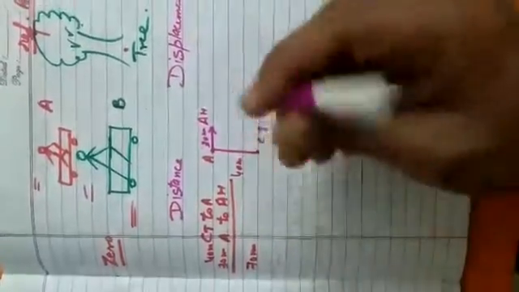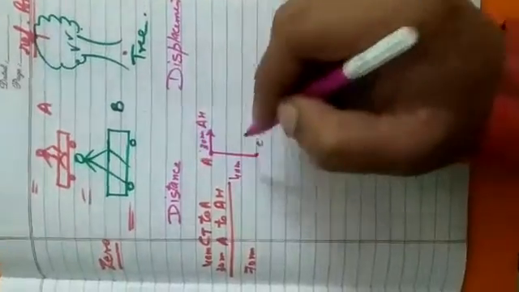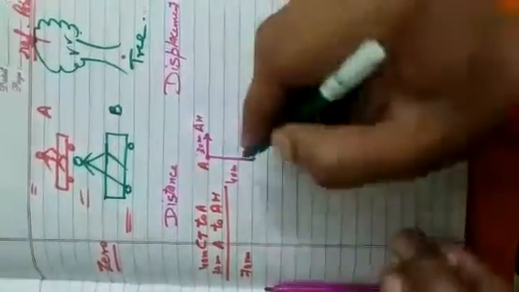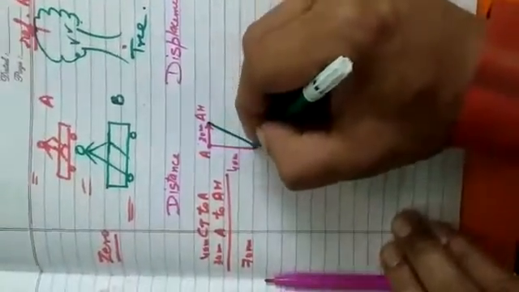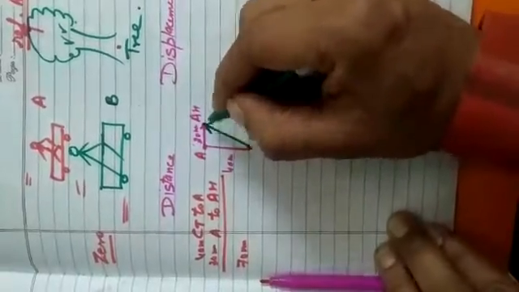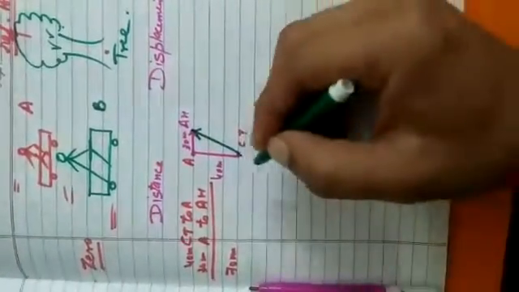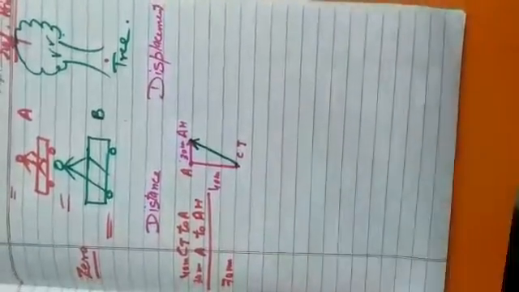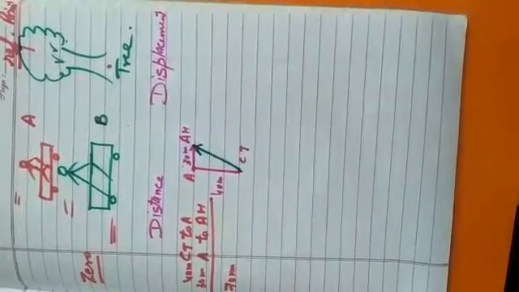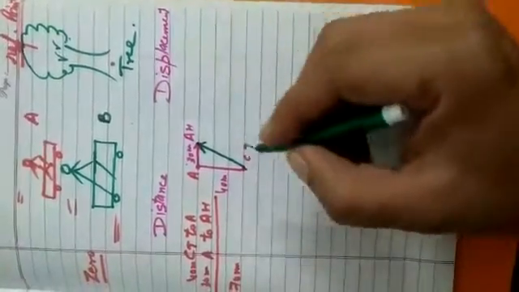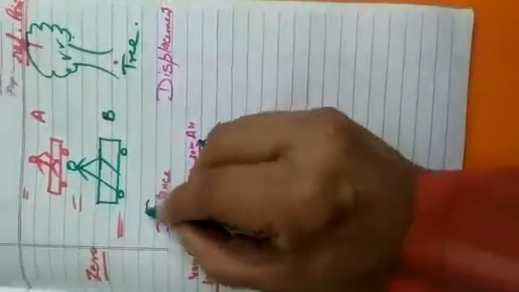But displacement is a straight line. Displacement is a straight line from clock tower to Esley Hall. If you measure this green color straight line from clock tower to Esley Hall, it will not be 70 meters. That is displacement. Now what is the distance?